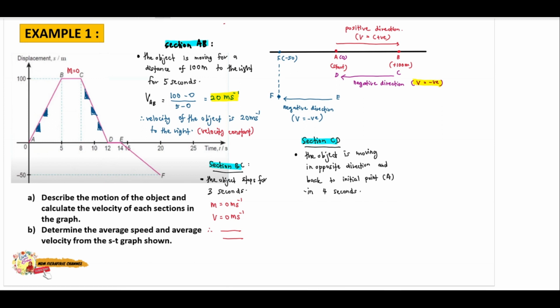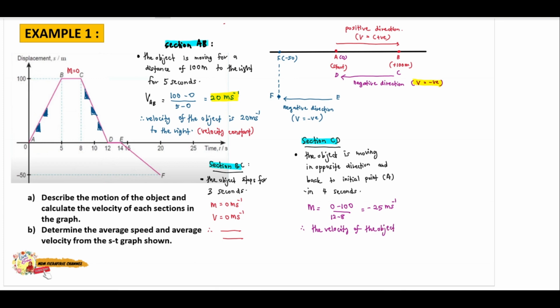So kalau kita kira the gradient is equal to 0 minus 100 over. Okay, look at the graph. So 0. The final position is 0 minus 100 and x-axis dia adalah 12 minus 8. Okay, so 12 minus 8. So the gradient should be negative 25 meter per second. Okay, from the gradient means that, therefore the velocity of the object, berapa tu?